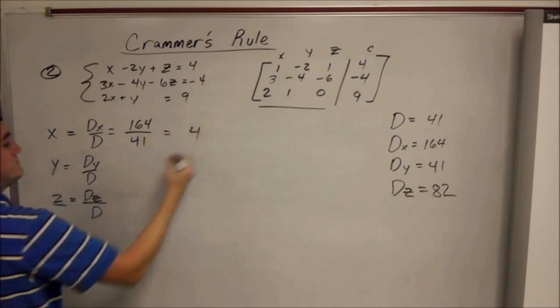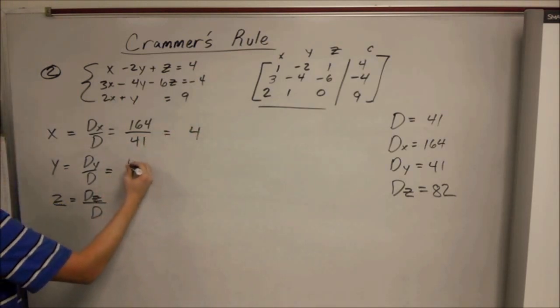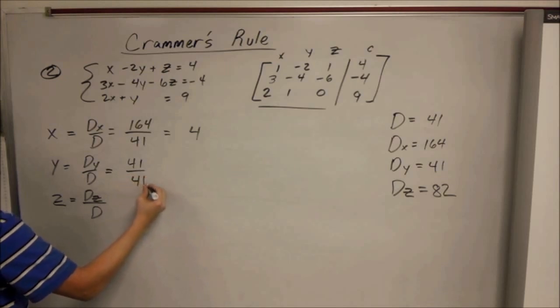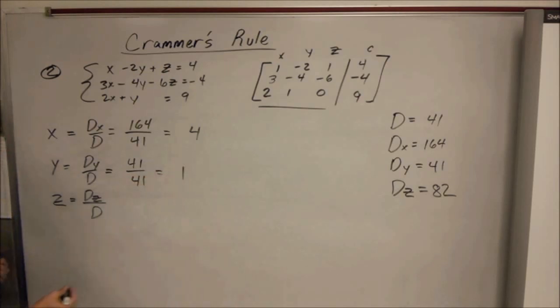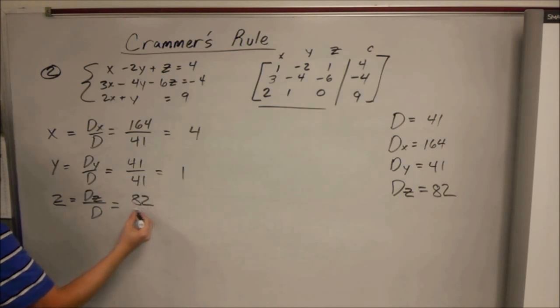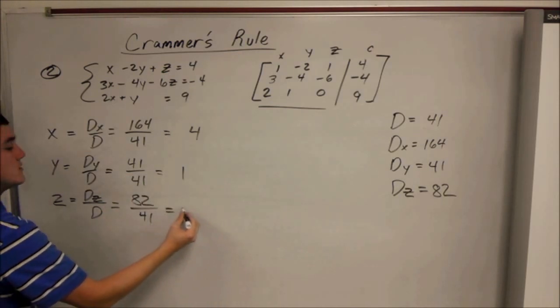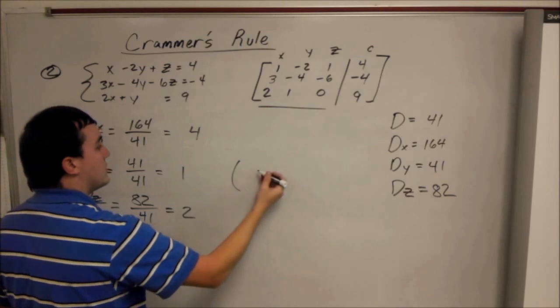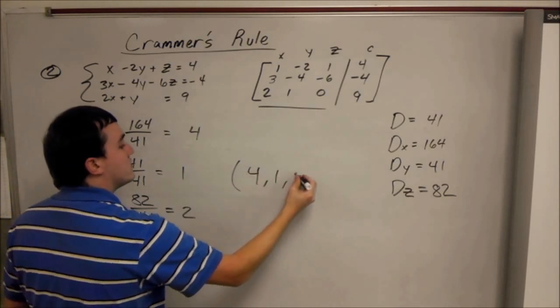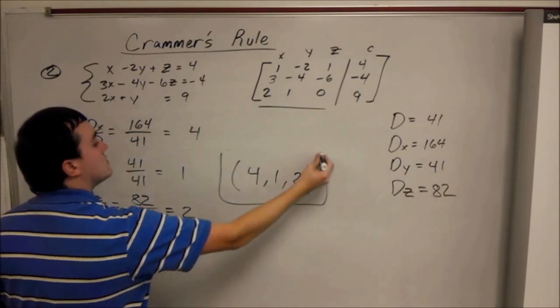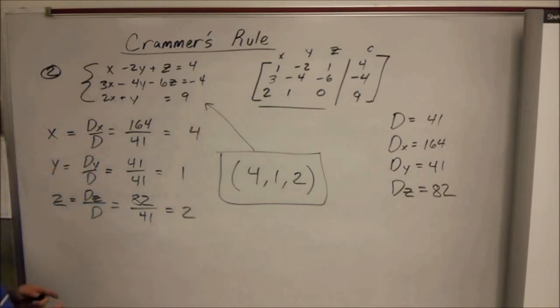So x is 4. For our second one, we have 41 divided by 41. Usually it's going to work out pretty nicely too. It's 1, and then dz is 82 divided by 41, which is 2. So we have our ordered triple is 4, 1, 2, which is the solution to our original system.